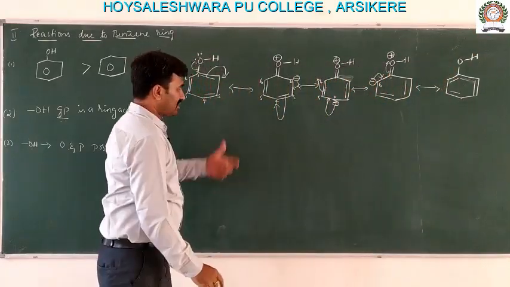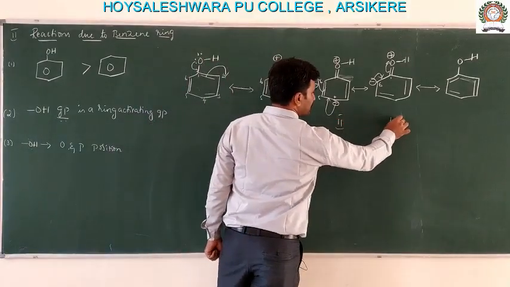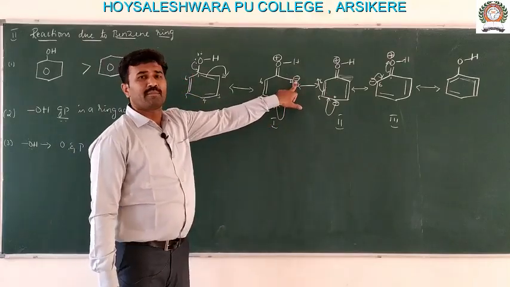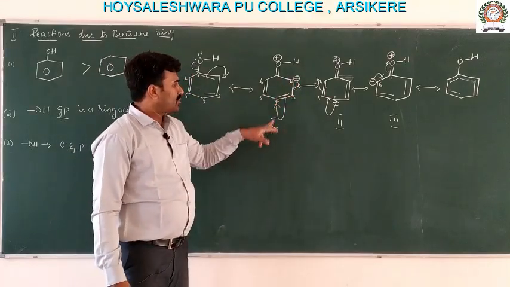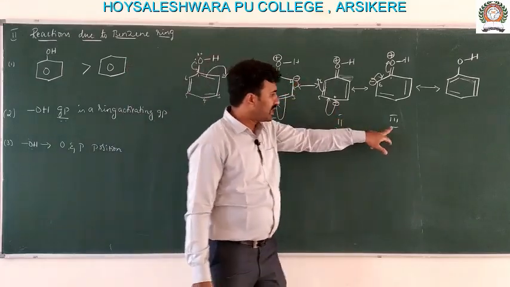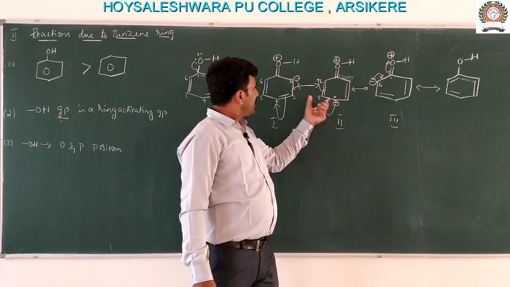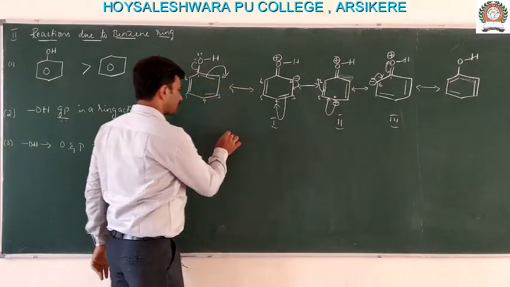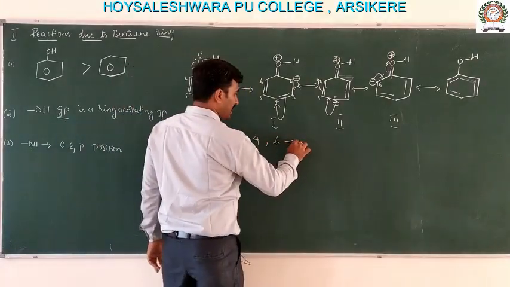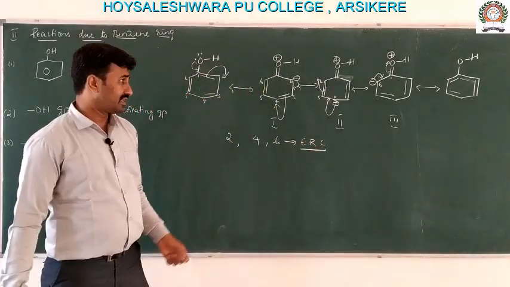See, when we observe these structures, there is more electron density in structure 1 at the second position, in structure 2 on the fourth position, in structure 3 on the sixth position. See, second, fourth and sixth positions are electron rich centers.